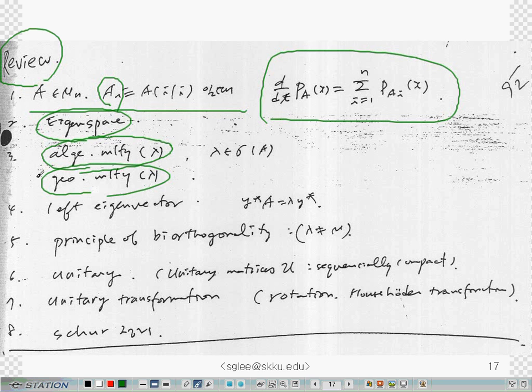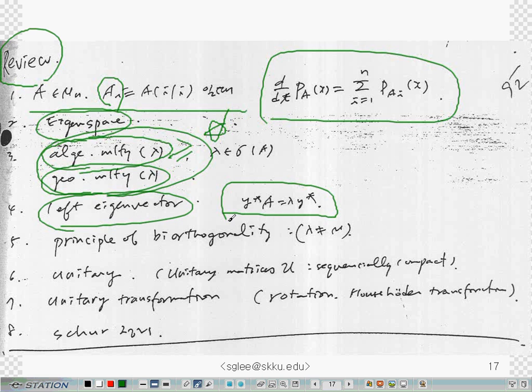We found the relationship between these two, and we defined the left eigenvector, which is going to be very important. This gives us the bi-orthogonality between left eigenvector and right eigenvector for the distinct eigenvalues.